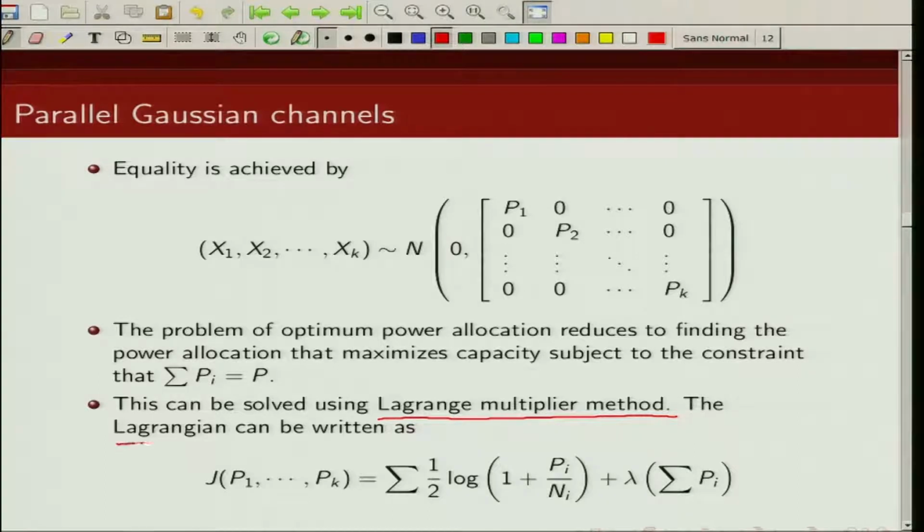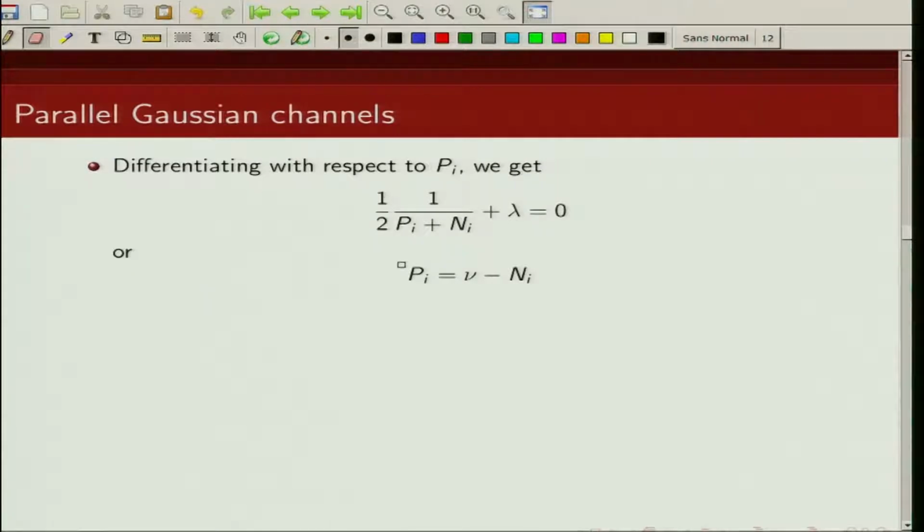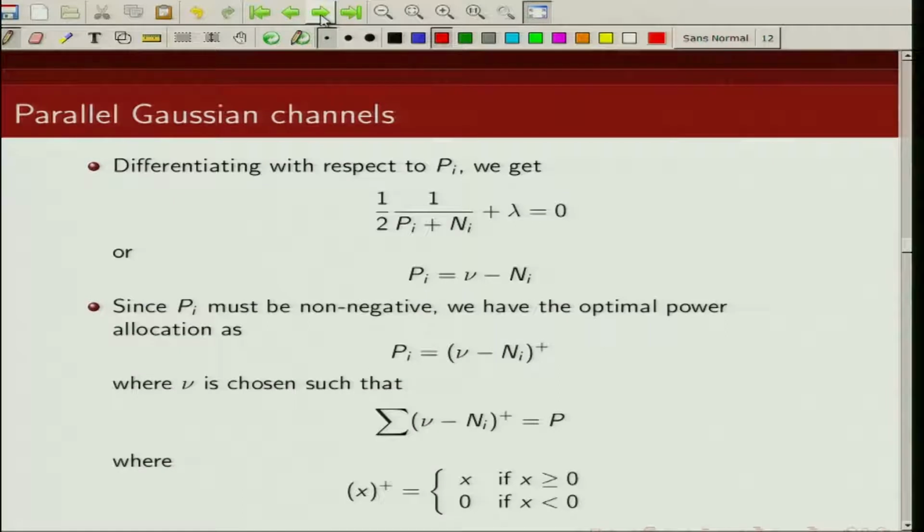So we form the Lagrangian, which is this capacity expression plus lambda times the constraint. Now if we differentiate this Lagrangian with respect to Pi, what we get is that Pi should be equal to mu minus Ni. I'll just define what my mu is. Now power must be non-negative, right?